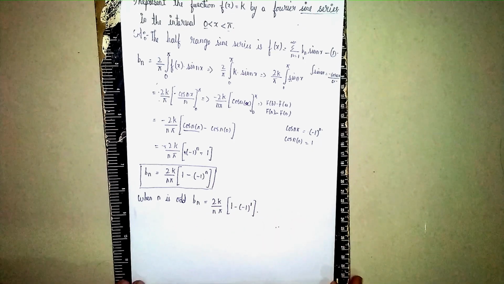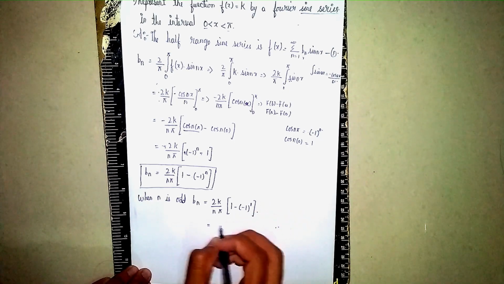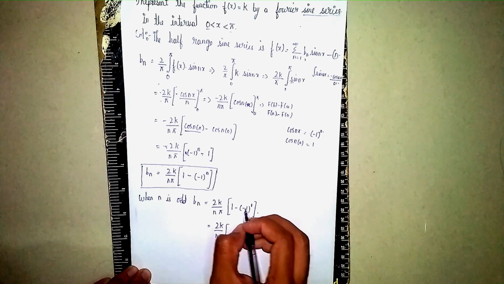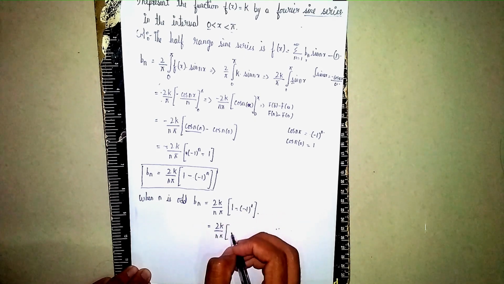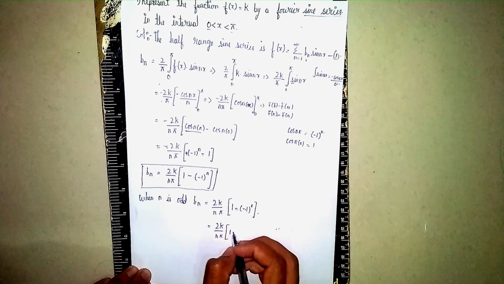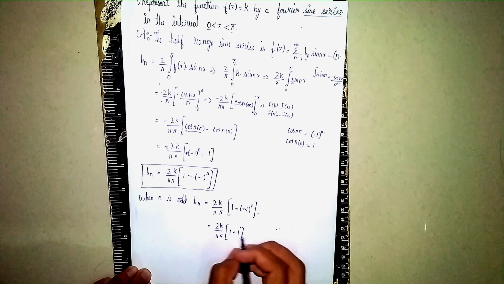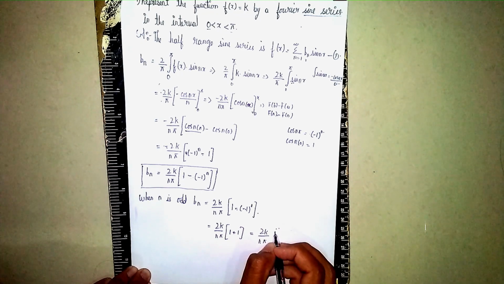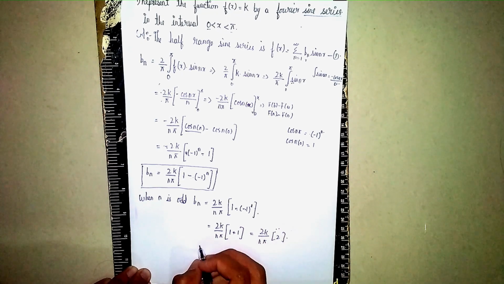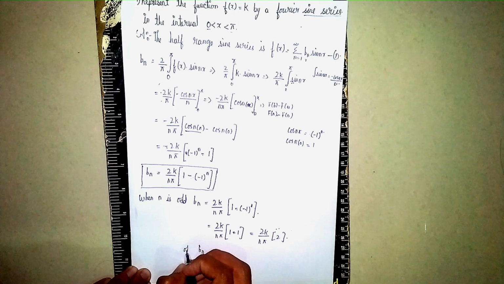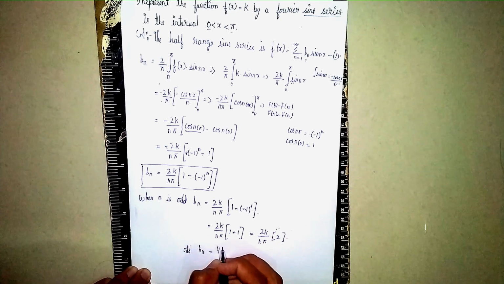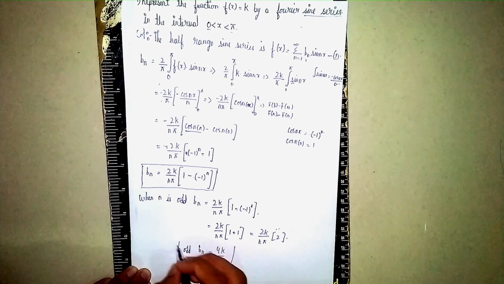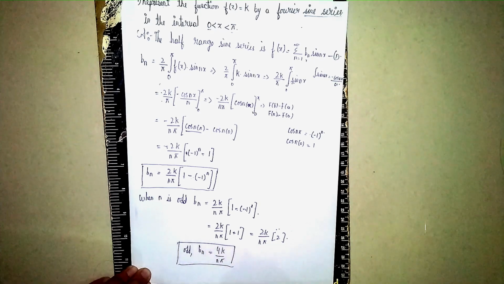Minus 1 power 1 becomes minus 1, so minus into minus becomes plus, 1 plus 1, so it becomes 2k by n pi into 2. So bn when n is odd is equal to 4k by n pi.